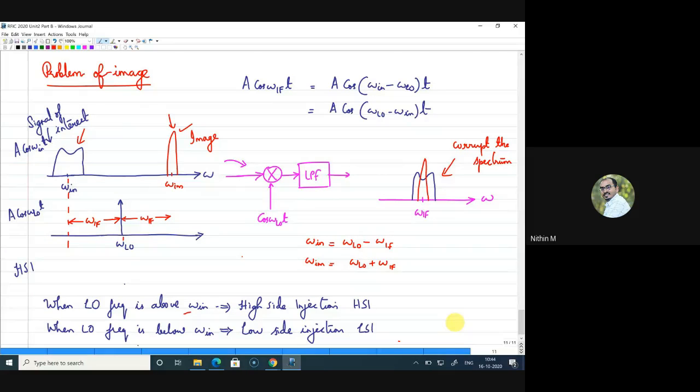What I meant is the frequency is still higher. That means the requirement on the filter is still bigger. There is no relaxation on the filter requirements. Yes, sir. But still we will use a filter, and that filter is called an image reject filter. But there is some trade-off. That is what we are going to discuss now. Thank you, Devanathan, for pointing that out.